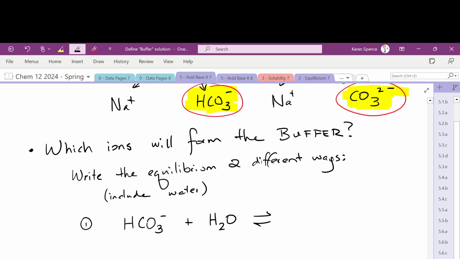So in equilibrium number 1, what will our products be? CO3 minus, because we have to have both species, right? And who is our other ion? H3O plus.